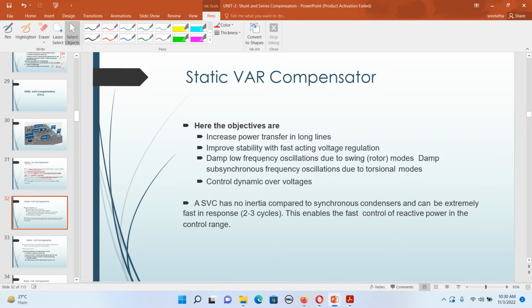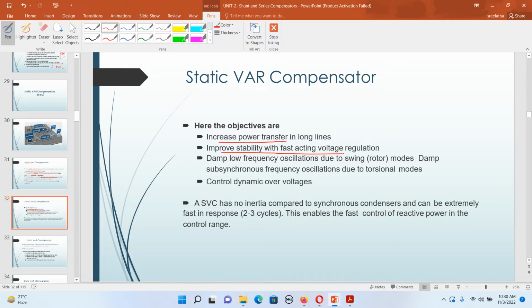And here are the objectives of our SVC: increased power transfer, because we are reducing losses by maintaining the voltage, and also maintaining power factor. That is the reason we can improve the power transfer capacity, and then improve stability for fast voltage regulation.